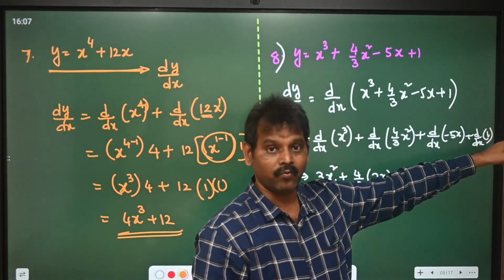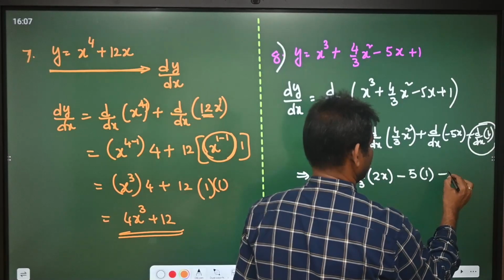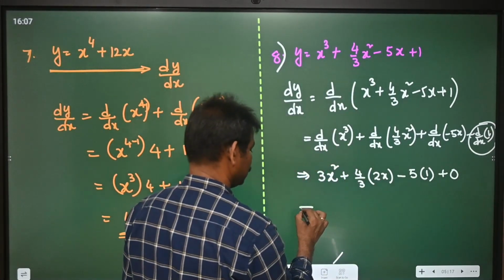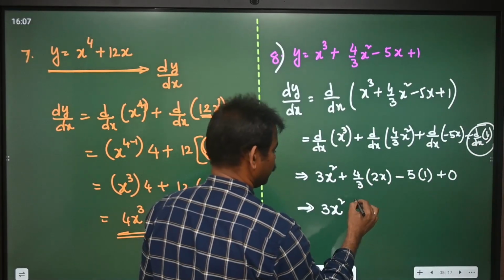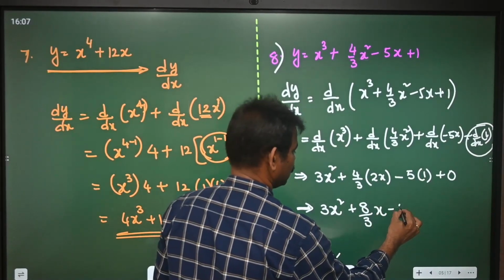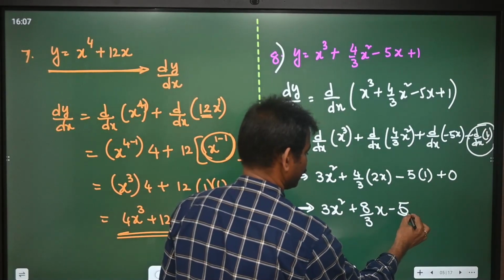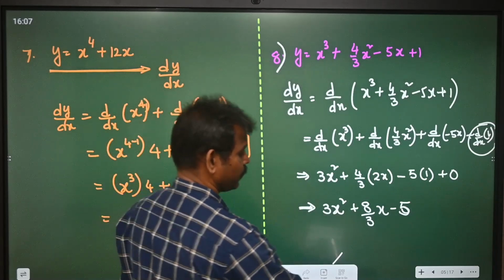And the derivative of 1 with respect to x is always 0. Derivative of a constant is always 0. So then the answer is 3x square plus 8 by 3 x minus 5. So this is the answer for this given problem.